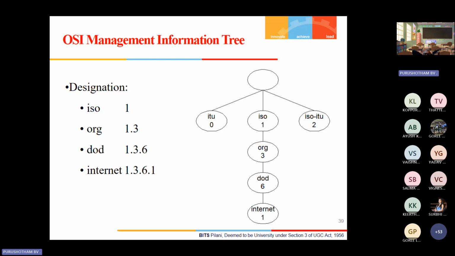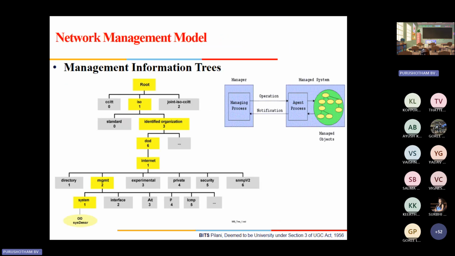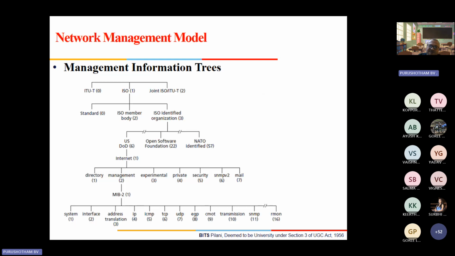For example, say ITU means 0, ISO means 1, ISO ITU means 2, like that. Now, if we talk the entire path, it will be 1.3.6.1. That is the internet we can say. Further to internet also, you can go like management, directory, experimental, private, security, SNMP version 2, system 1, interface 2, like that. You have different things to follow the path.